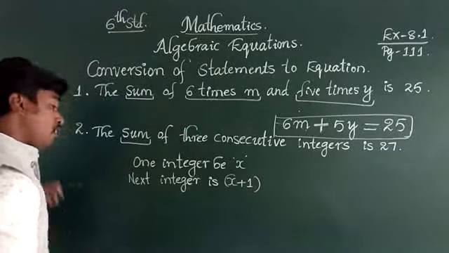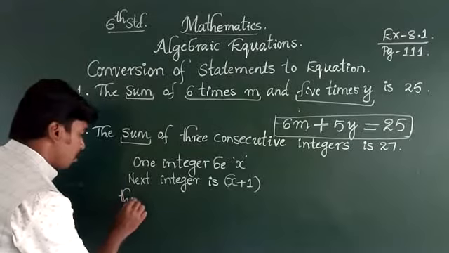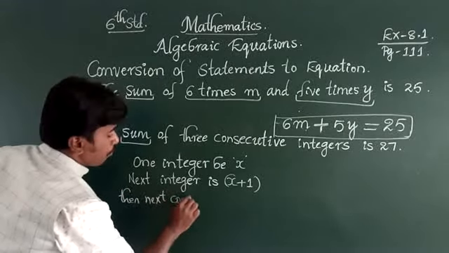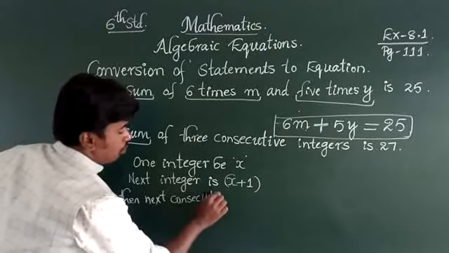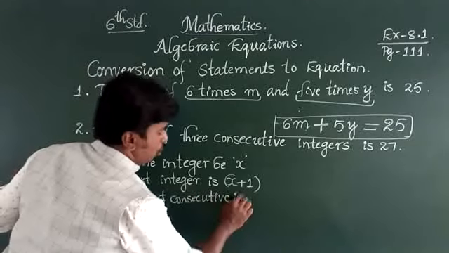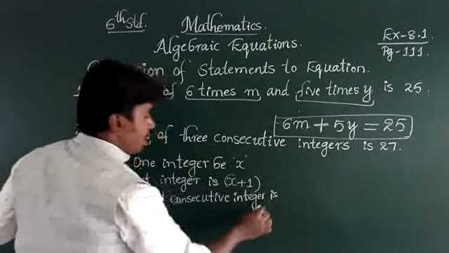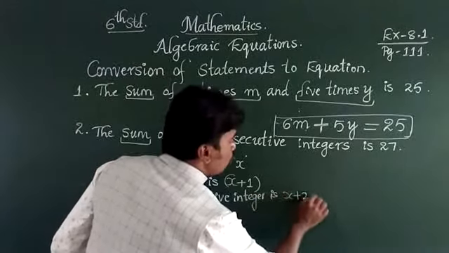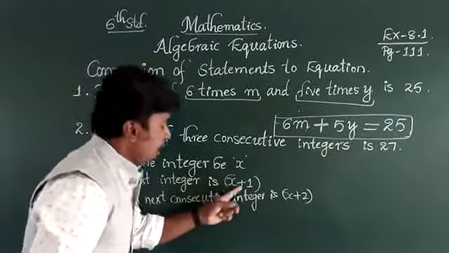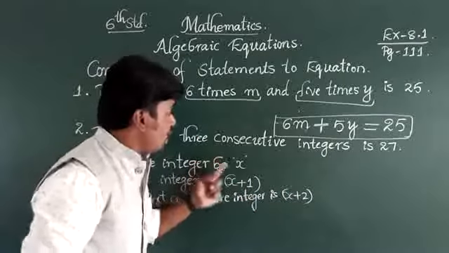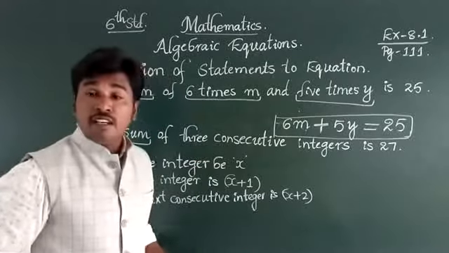Then the next consecutive integer is x plus 2. x, x plus 1 and x plus 2 are the three consecutive integers.